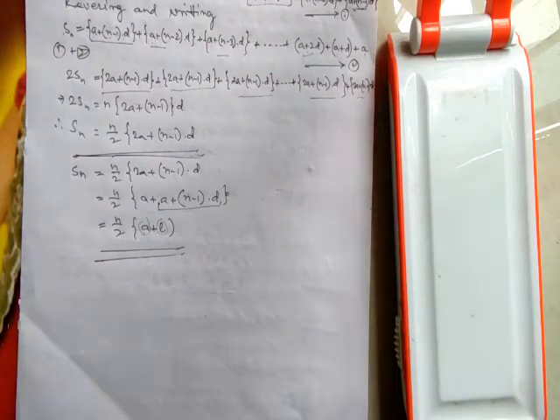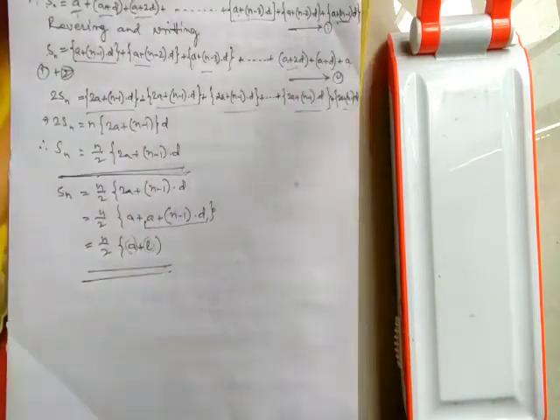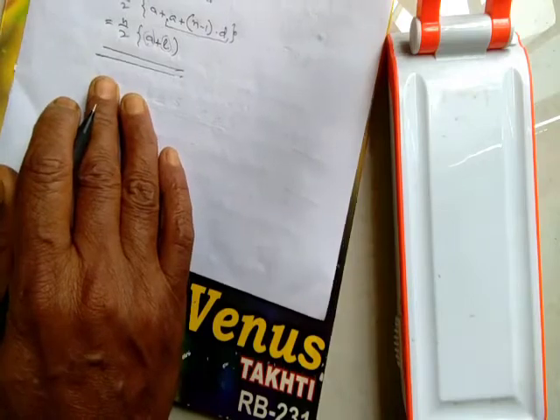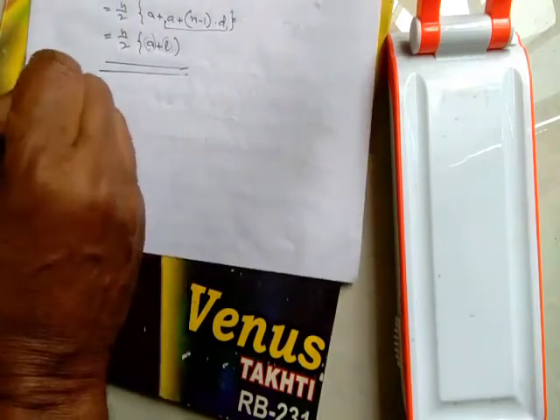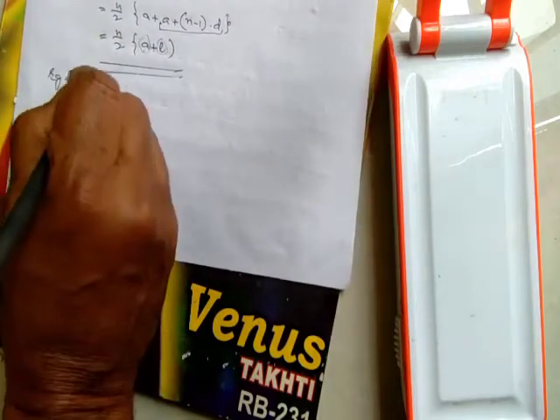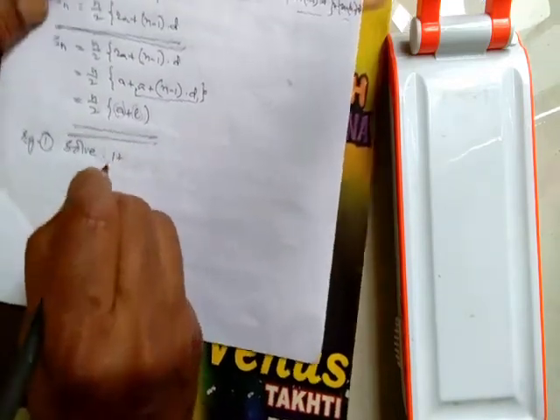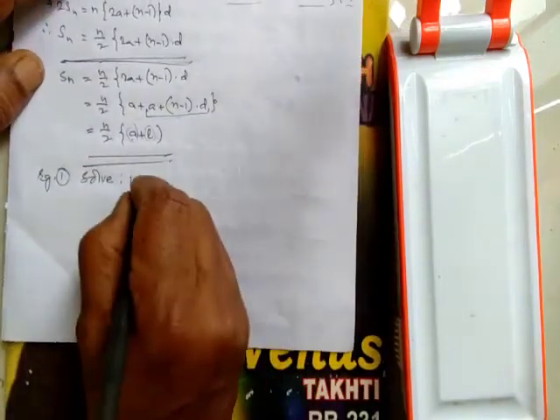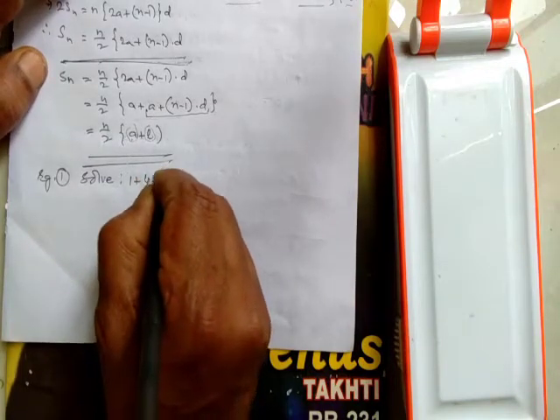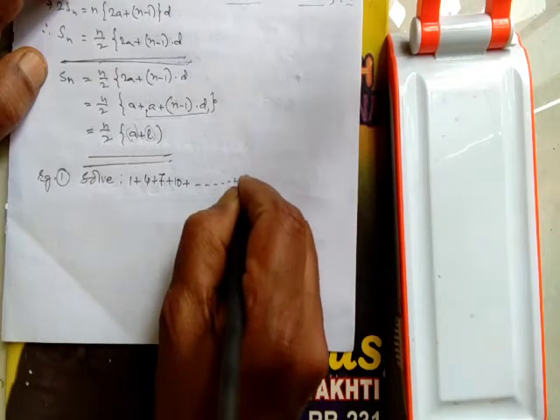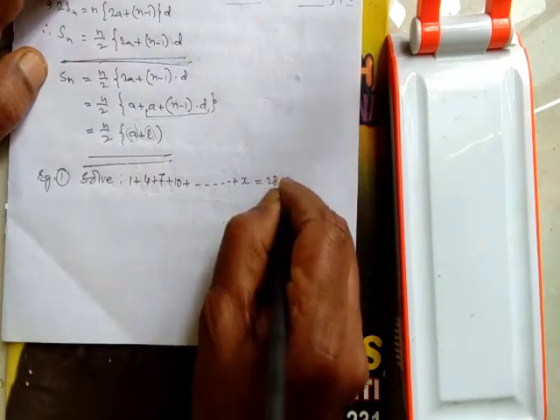Next example, let's see. Example 1: solve 1 plus 4 plus 7 plus 10 plus ... plus x is equal to 287.